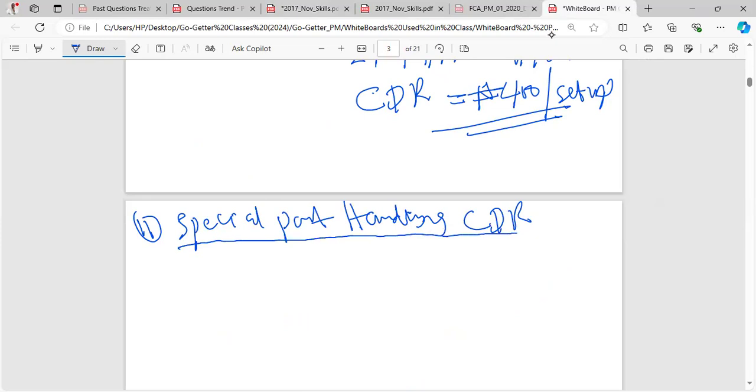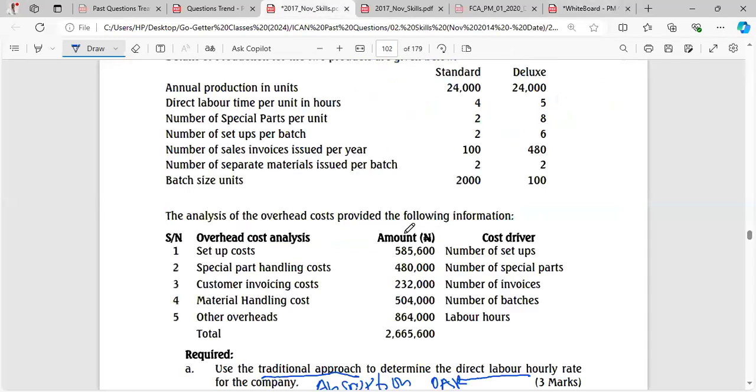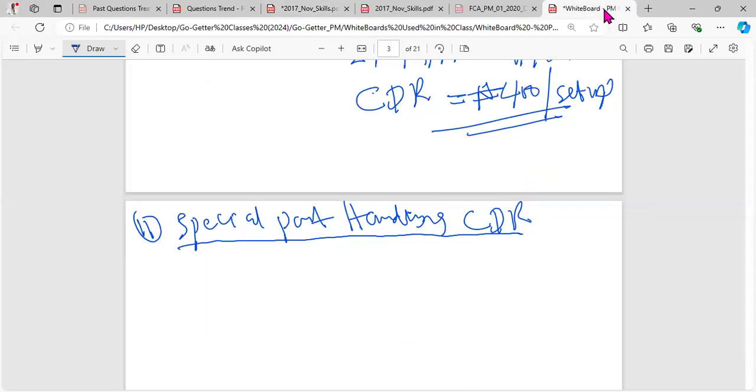That is what we are trying to find. Okay, so how do we do that? Once again, we look at what drives it. Number of special parts. Okay, so we'll start with the cost. The cost is 480,000.